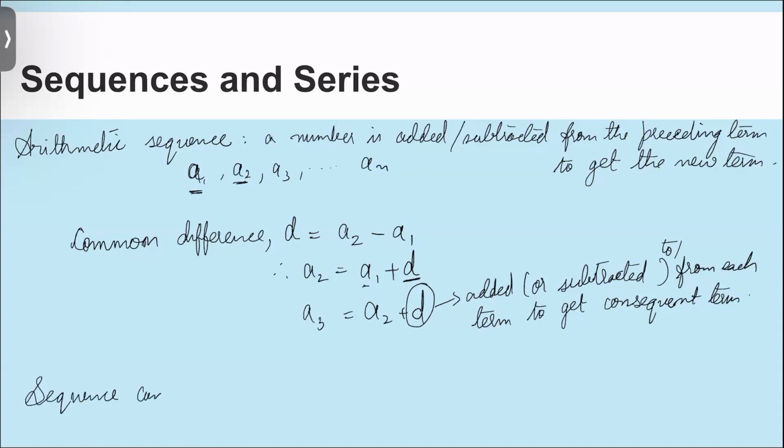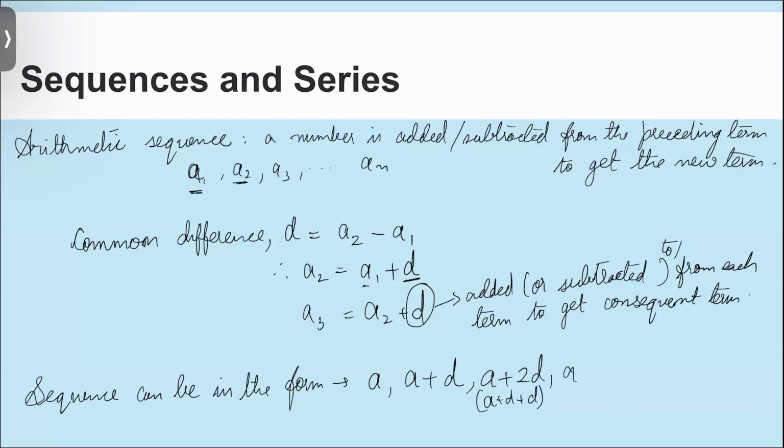Then you can write that the sequence can be in the form where you have A, which is the first term, then A plus D, A plus 2D. Why A plus 2D? Because A plus D is your preceding term, and then you add another D, so you have 2D.